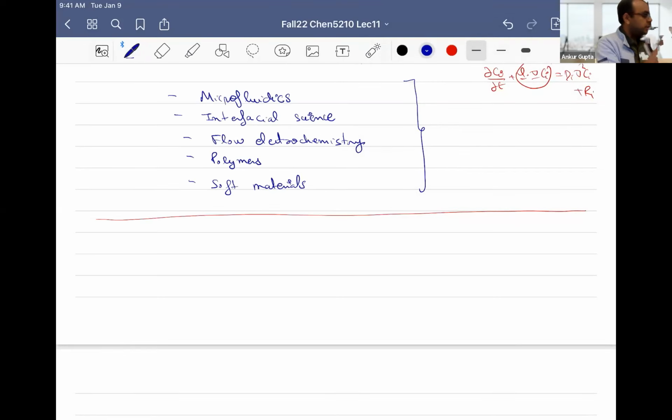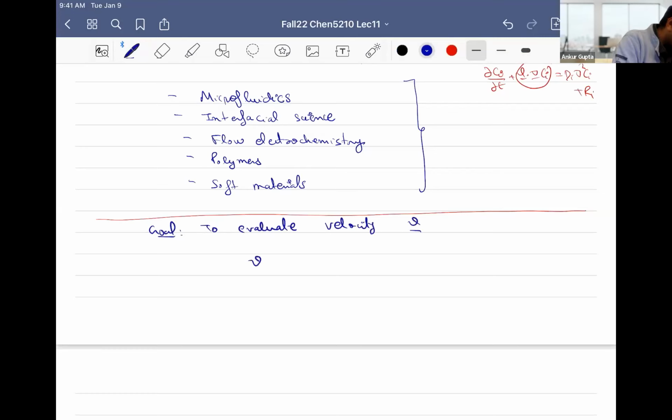Now you want to find velocity. The ultimate goal is to evaluate the mass average velocity, v vector.